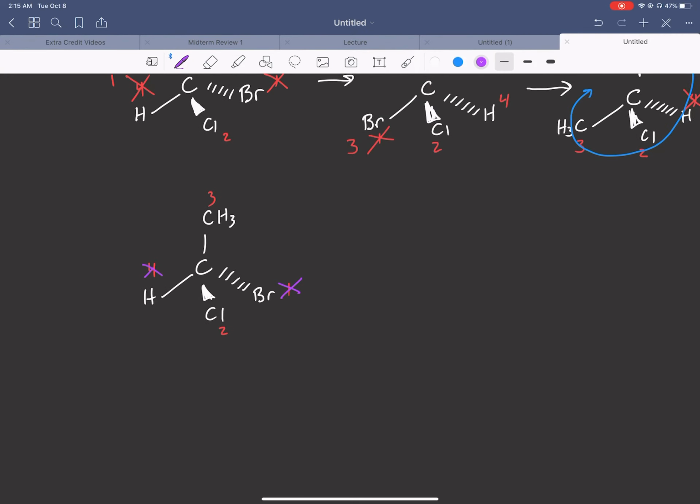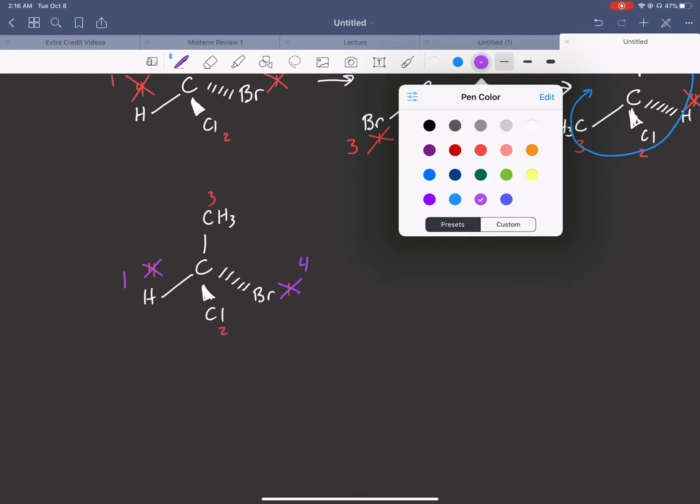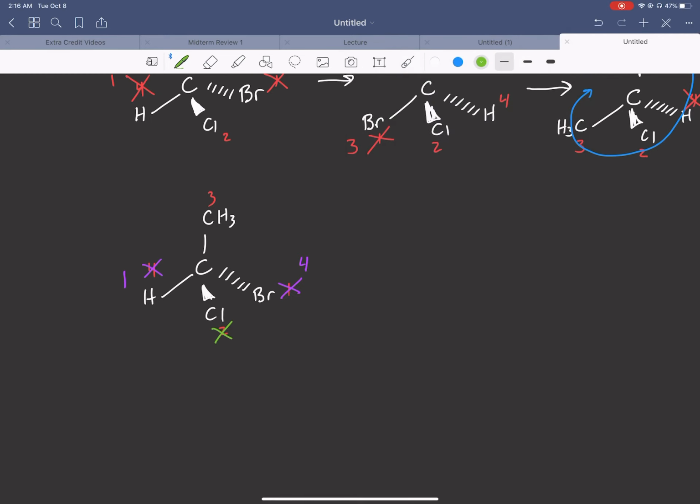I'm going to do the first swap to get our lowest priority group dashed, right? So it's going to be 4, and then it's going to be 1, correct? Now that's one swap, and now I'm going to swap any two other groups. I'm just going to swap, in a different color, 2 and 3, put 2 up there, put 3 here, and so we have two total swaps.